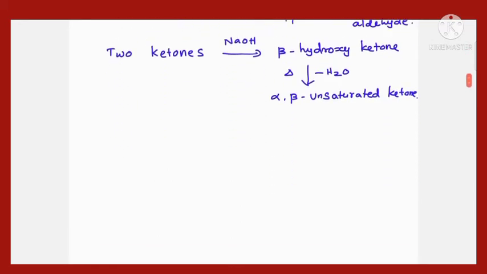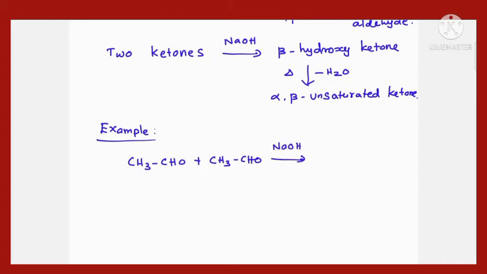So let us have acetaldehyde as an example. When 2 molecules of acetaldehyde react, acetaldehyde formula CH3CHO, when it reacts with another molecule of CH3CHO in the presence of a base, sodium hydroxide, it results in the formation of a compound of formula CH3CHOH-CH2CHO.